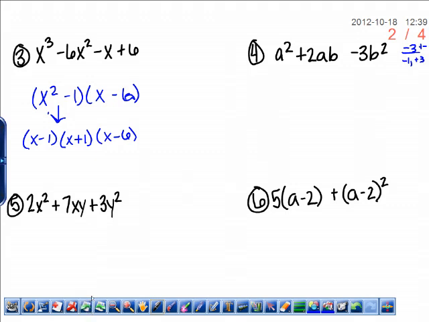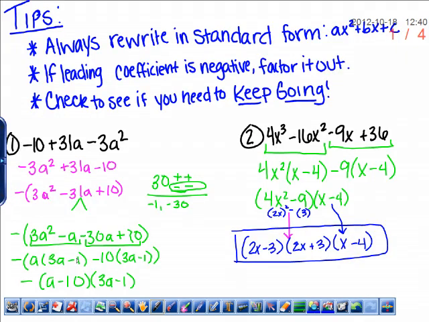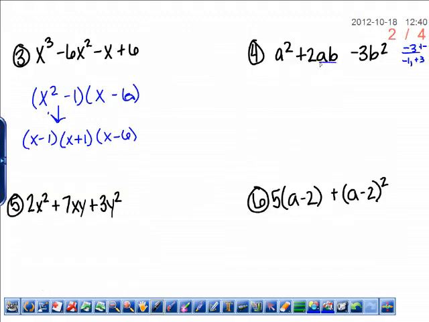Notice when I split the middle term here, I had a variable of a, and when I split it, my variable stayed a, so that I could add them together and get back to that, right? Okay, so right now my variable is ab. So when I split it, my variable has to stay ab.